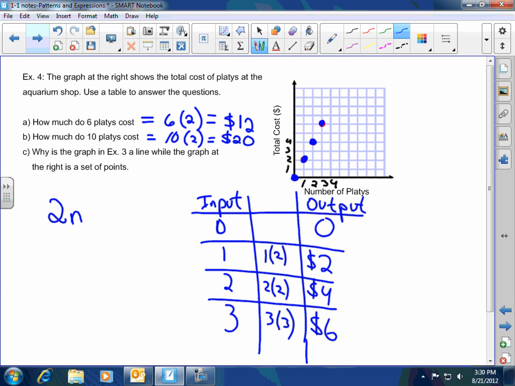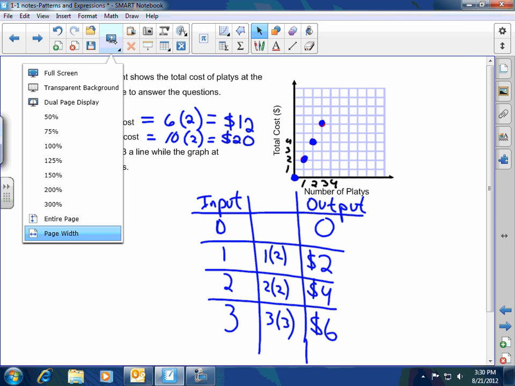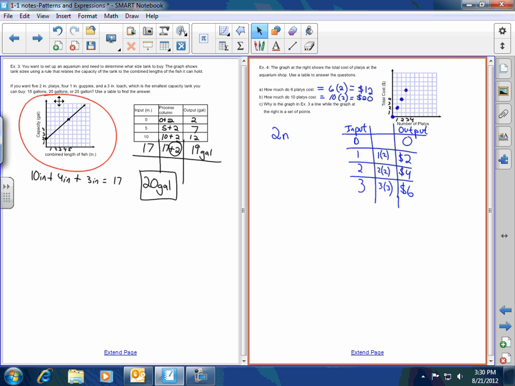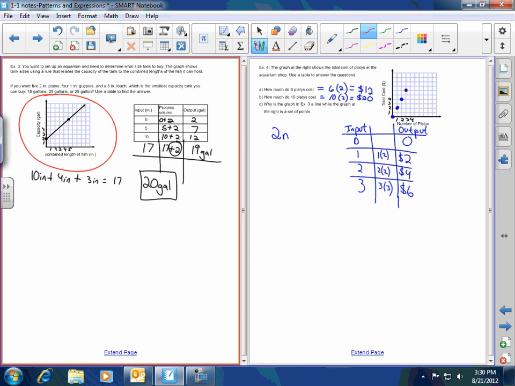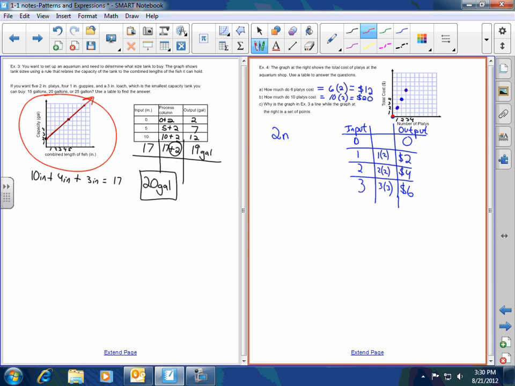Why is the graph in example 3 a line while the graph at the right is a set of points? If we look back, why is this a straight and continuous line as opposed to this, which is just random points? Well, if you really think about this, the number of plats that you purchase must be a whole number. You cannot buy 1.5 plats.